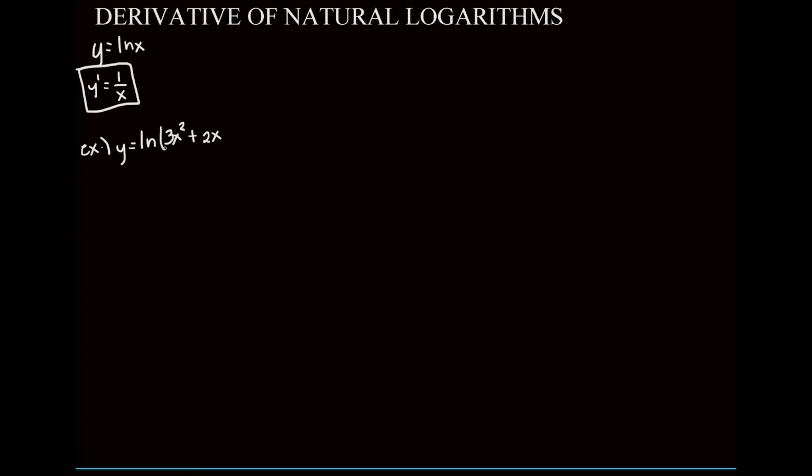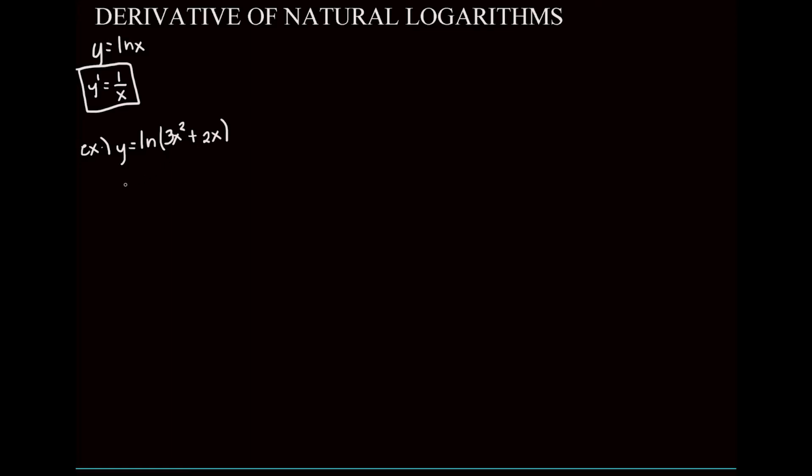Now, if you notice, we have an inner function of 3x squared plus 2x and an outer function of ln of 3x squared plus 2x.